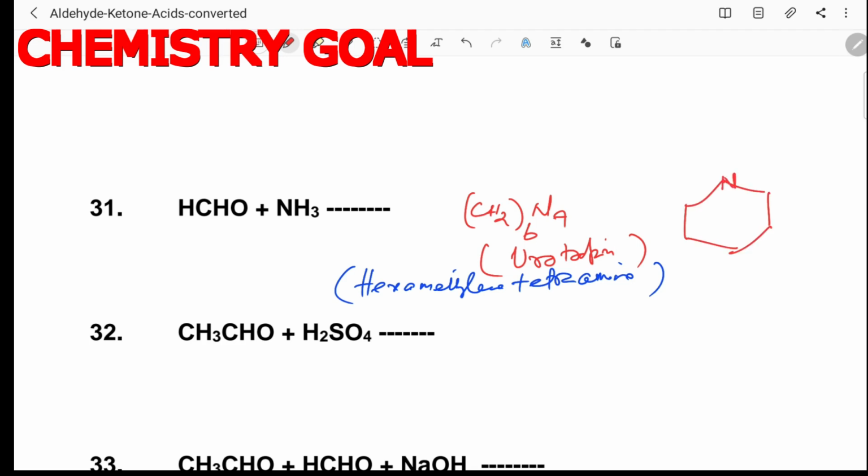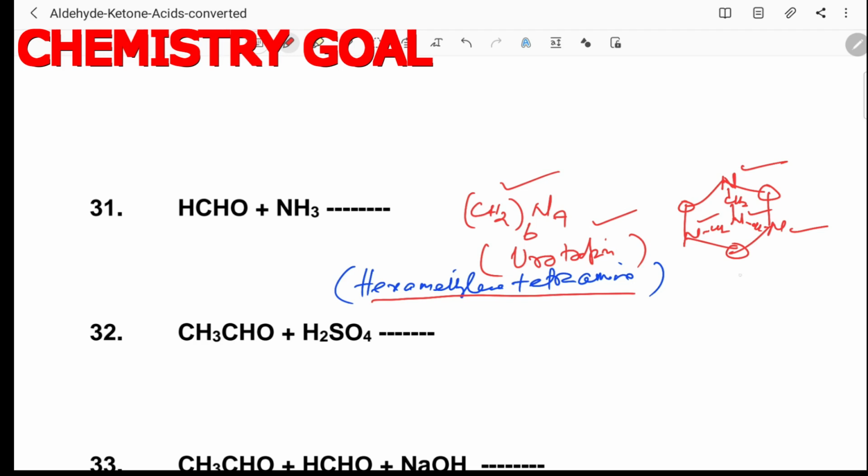Here alternate nitrogen atoms are attached, and between the nitrogens CH2 groups are attached, with CH2 also attached to the middle nitrogen. So in total there are 6 CH2 groups and 4 nitrogens, three in the ring and one in the middle. So this is (CH2)6N4. The common name is urotropine. It is also called hexamethylenetetramine.